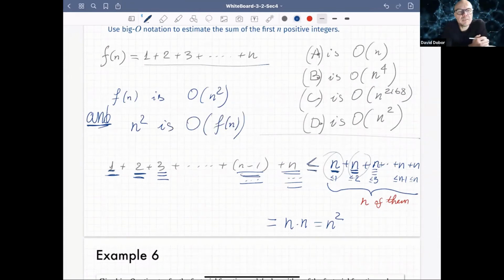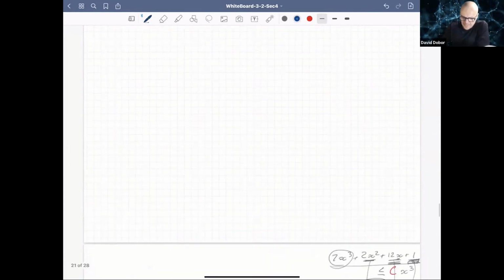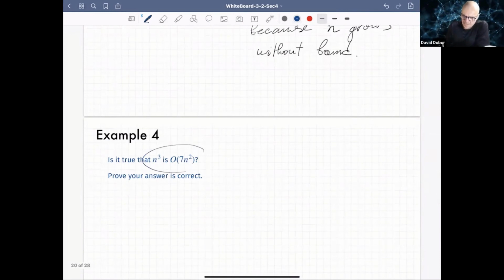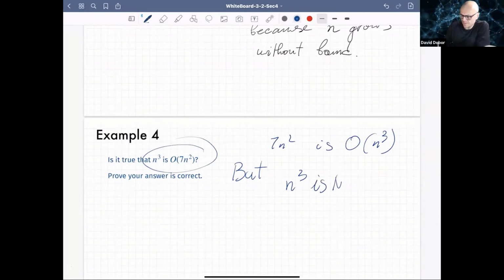It works both ways. In those other examples, that would not be the case. So 7n squared is big O of n cubed, but n cubed is not big O of 7n squared.